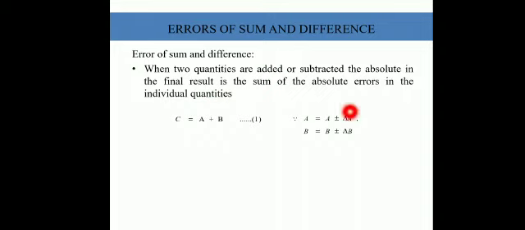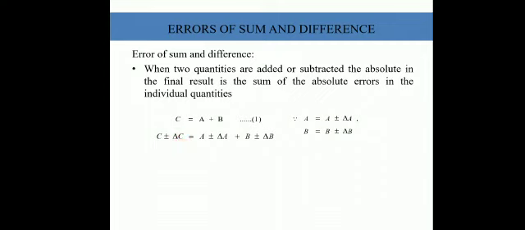So delta A and delta B are the errors in the measurement of values A and B. Now, if there is error already in A and B, when we add A and B, the final value will also have error in it. So we also have delta C, which is the error in the final answer.